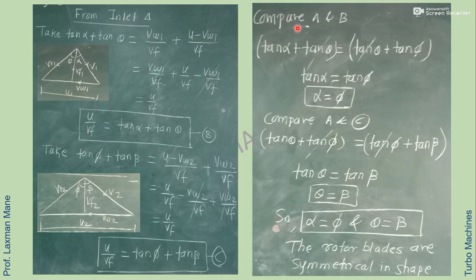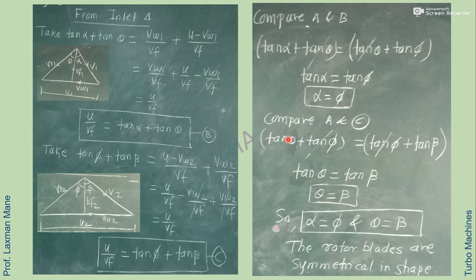Now comparing equation number A and B. Equation number A left side, equation number B right side. Tan theta gets cancelled, so we find tan alpha is equal to tan phi, means alpha angle is equal to phi angle.